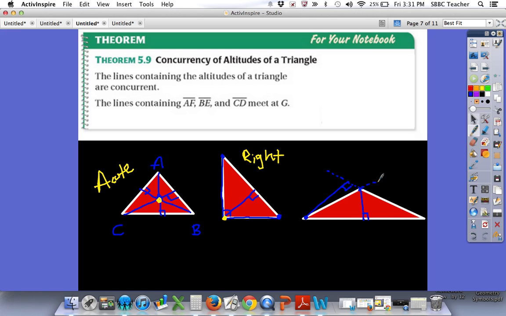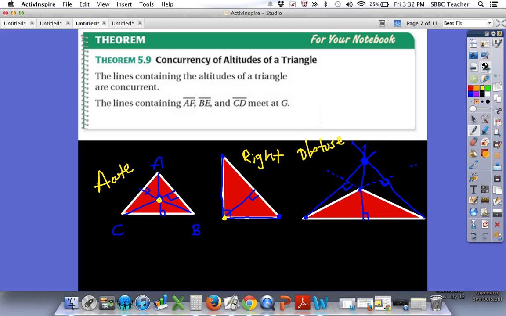If we extend this side and draw a line straight from that vertex, we're going to have to extend it. It is perpendicular. And if we extend those three, we'll see that they actually meet outside of the triangle. So in an obtuse triangle, the orthocenter is actually outside of the triangle.